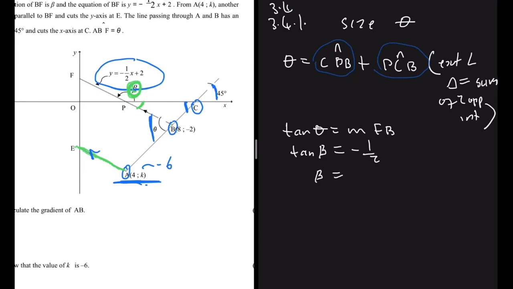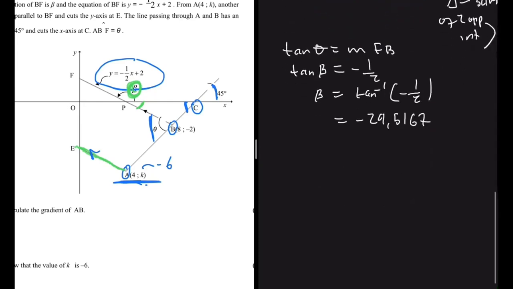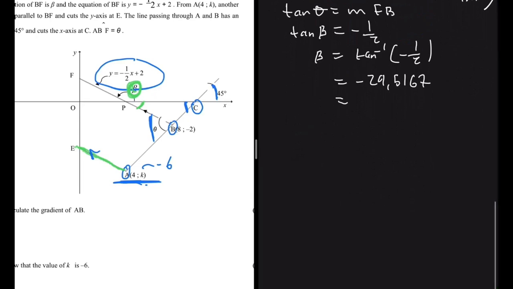So now that angle will be equals to tan arc minus a half, and that is equals to minus 29.5167. And you know, if you get a negative angle, you're supposed to add 180, and that will be equals to 150.4833.